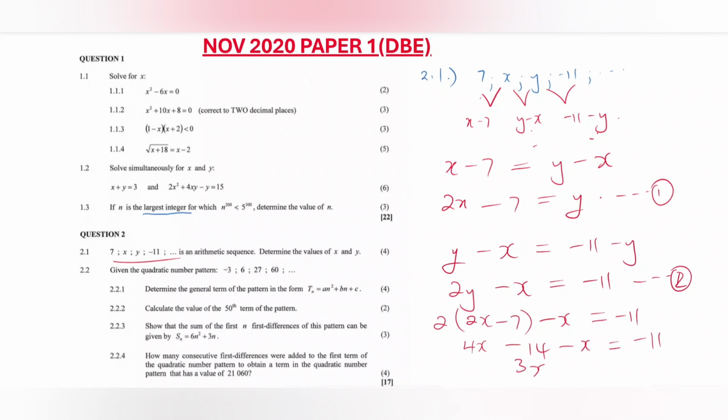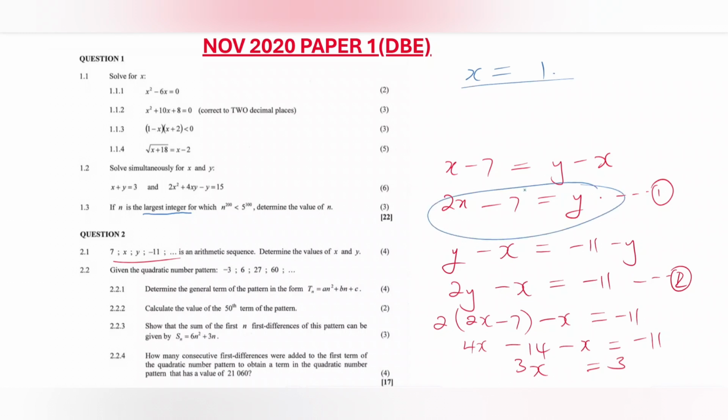So 3x, which is 4x minus x, and minus 11 plus 14 gives us 3. So our x is equal to 1. Then for y, we use equation 1: y is equal to 2x minus 7, with x which is 1. So y is equal to 2 minus 7, which is minus 5. So our solution is x is 1 and y is minus 5.